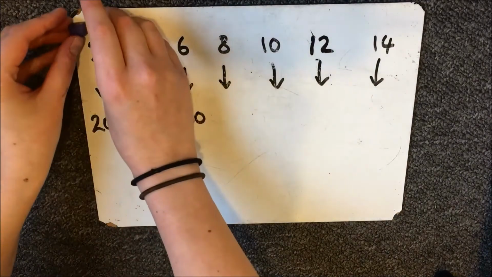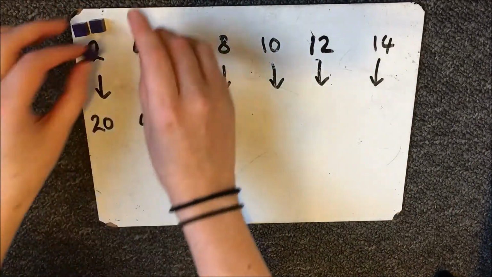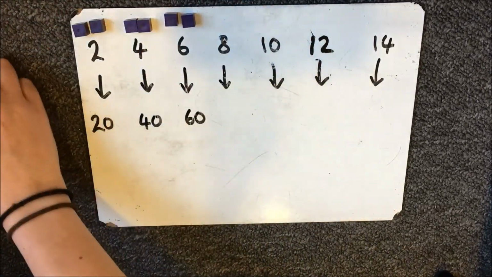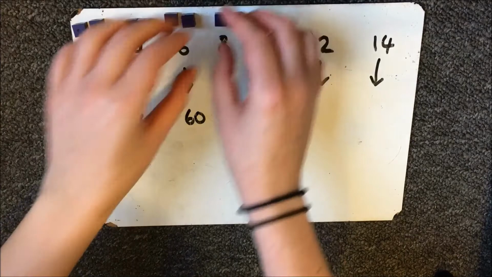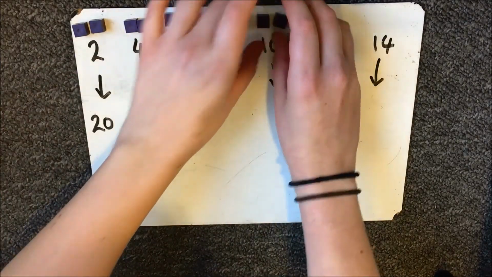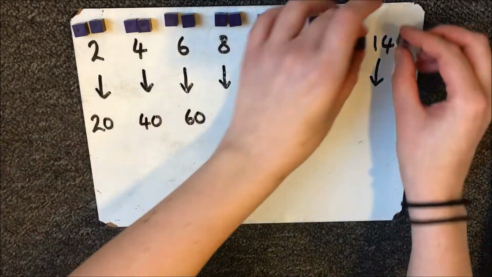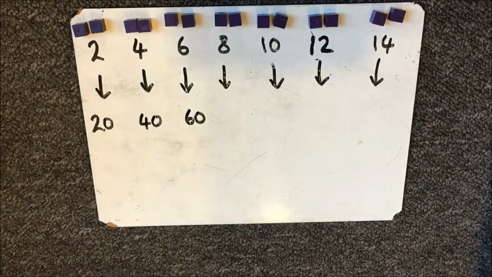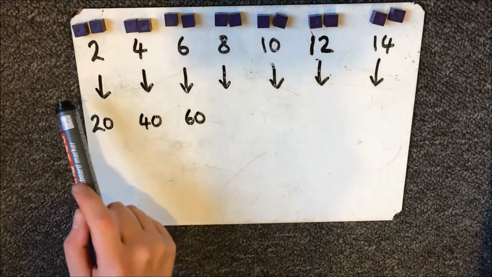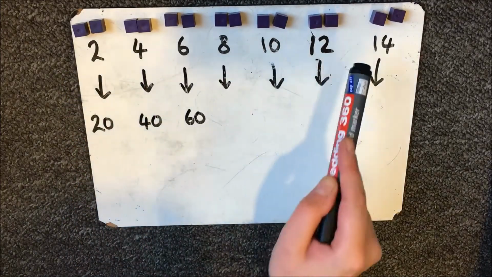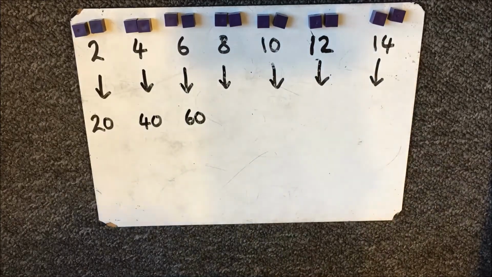The first one we've got is 2, then 4, then 6, good job, then 8, then 10, fantastic, then 12, you're doing really well, then 14. Let's say our 2 times table, counting in 2s to help us. Ready? 2, 4, 6, 8, 10, 12, 14.